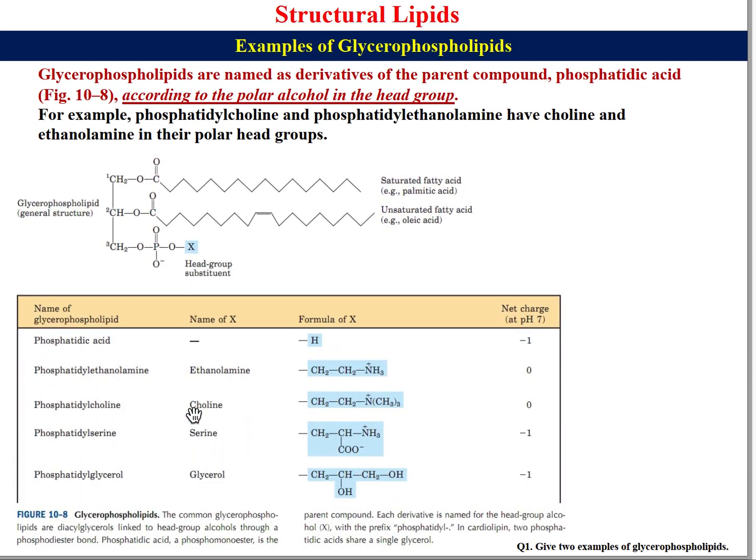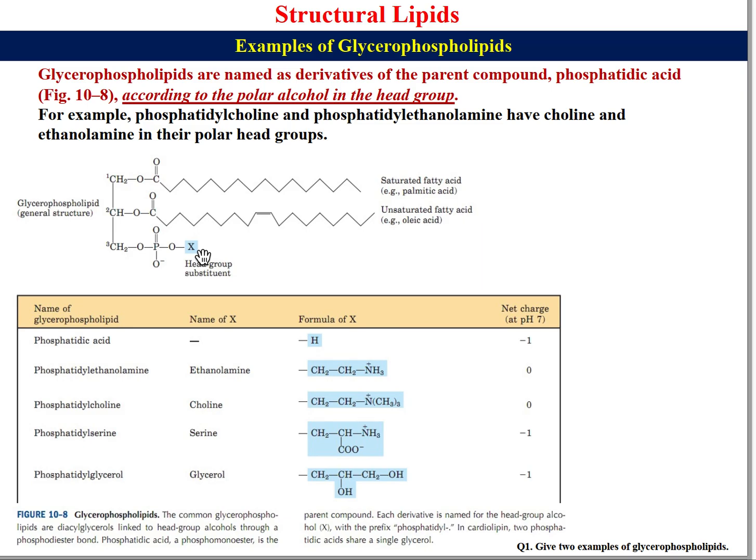So here are some examples of structural lipids. This is a common structure of glycerol phospholipids that are named as derivatives of the parent compound phosphatidic acid, according to their polar alcohol head group. This is a saturated fatty acid, an unsaturated fatty acid, and the polar head group.